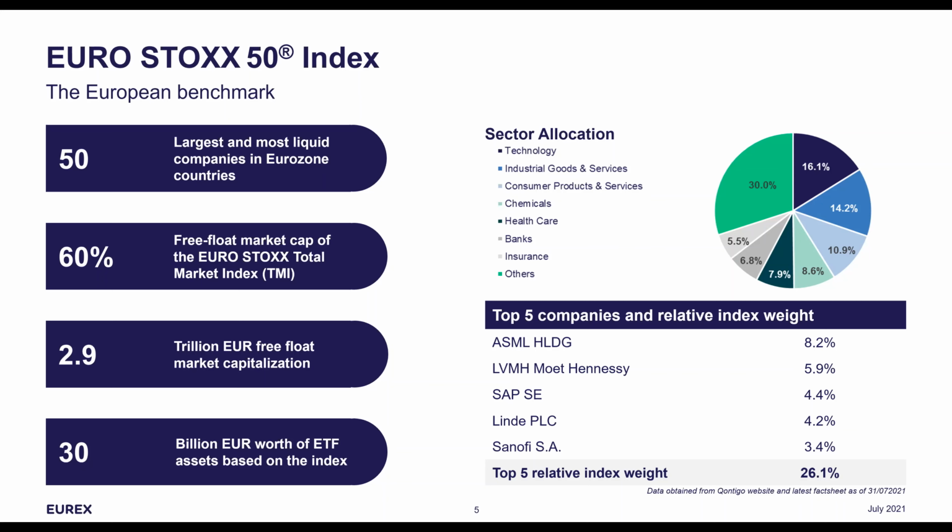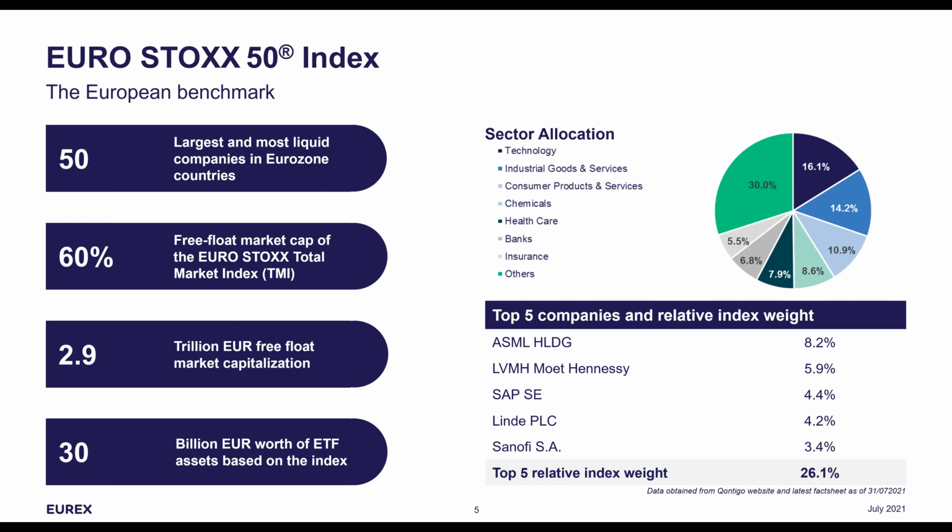So also here, the index itself, Euro STOXX 50 index, is a very diversified index. Also here, we have all kinds of businesses in the index, as said, technology, consumer, chemicals, healthcare, banks, and so on. Yeah, and it reflects, and here the market capitalization is even higher, almost 3 trillion euros market capitalization.